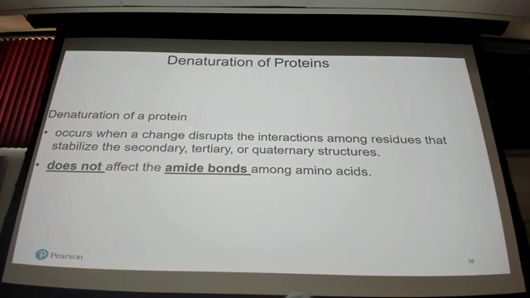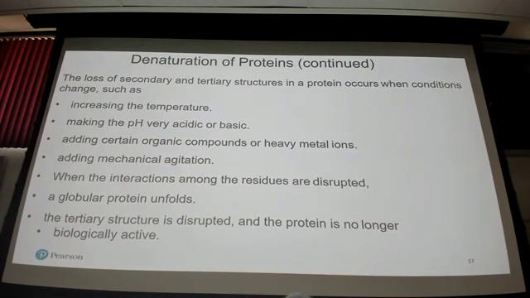Here are some different ways that protein denaturation can occur: increased temperature, change in pH, and mechanical agitation. If any of these happen, that's going to disrupt the interactions we just talked about in the tertiary structures and linearize the protein, and when the protein is linearized, it's no longer biologically active.